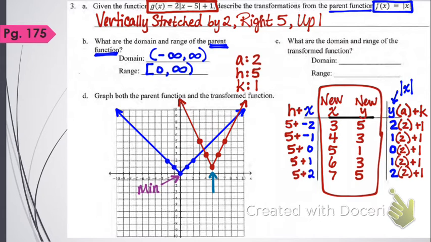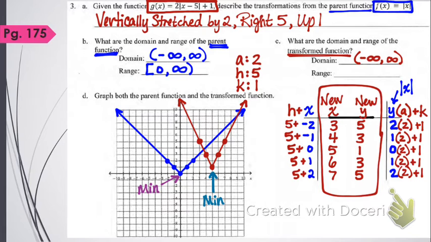This vertex here at the bottom, is that a maximum or is that a minimum? Minimum. And then it keeps going from there. I need to talk about the domain and the range for the transformed function. It's still negative infinity comma infinity for our domain, yes. If we can pick anything we want for the x's for the parent, we can pick anything we want for the x's on the transformation.